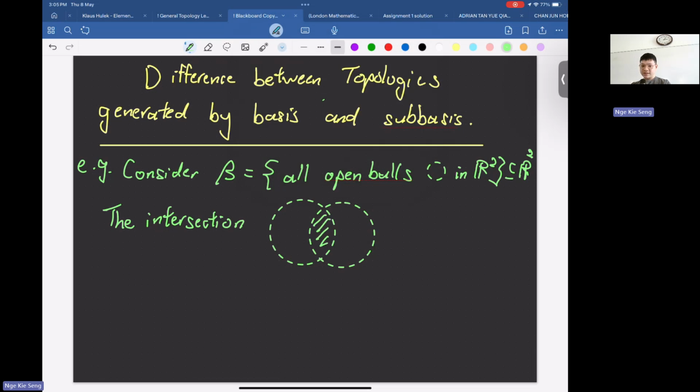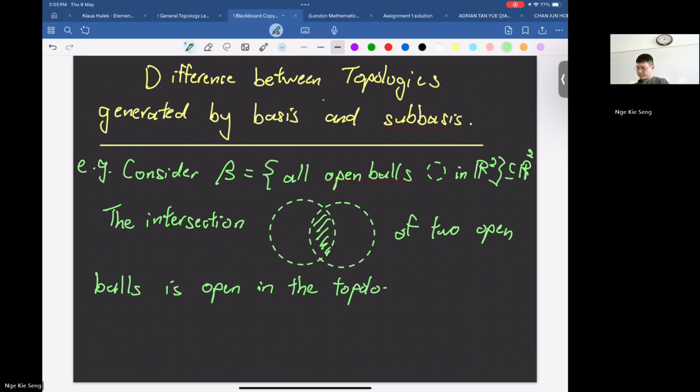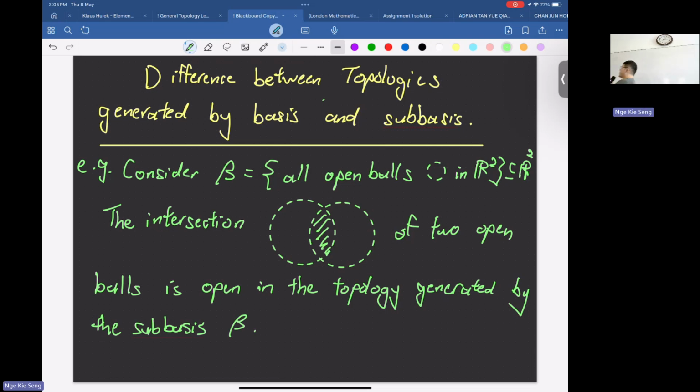For example, this intersection of the two open balls is actually open in the topology generated by the subbasis B. Previously, if I take this as a basis element, what do we need to do?